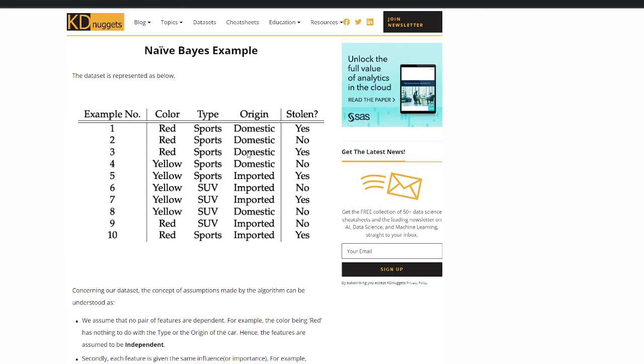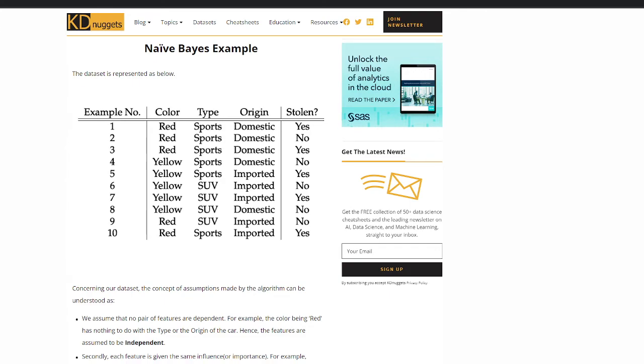It may happen in the real world, but when we do naive Bayes, we assume they are independent. The independence assumption is never correct, but often works well in practice. That's why it's called naive.